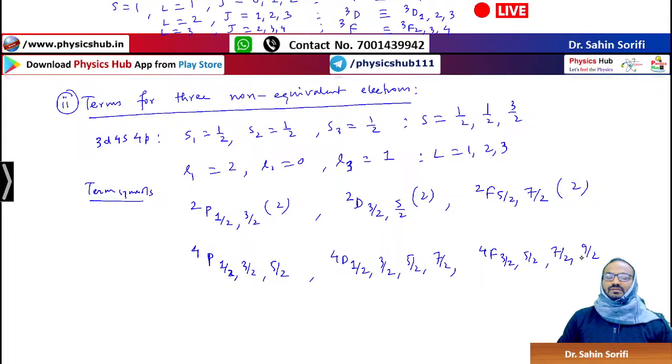So either you take s1 minus s2 plus s3, or s1 minus s2 plus s3. In that way you will get 1/2, and when you add all of them you get 3/2.